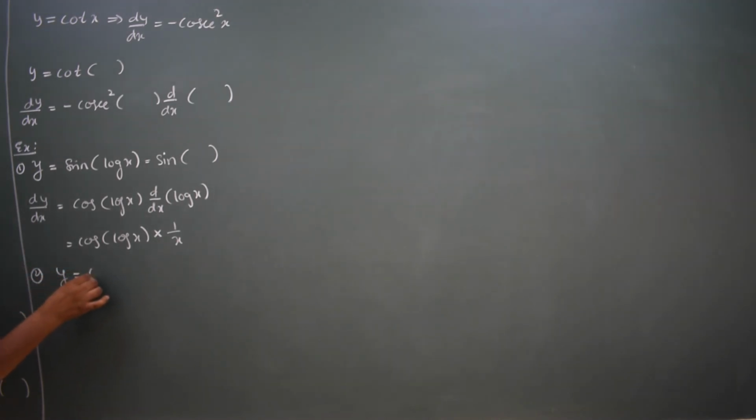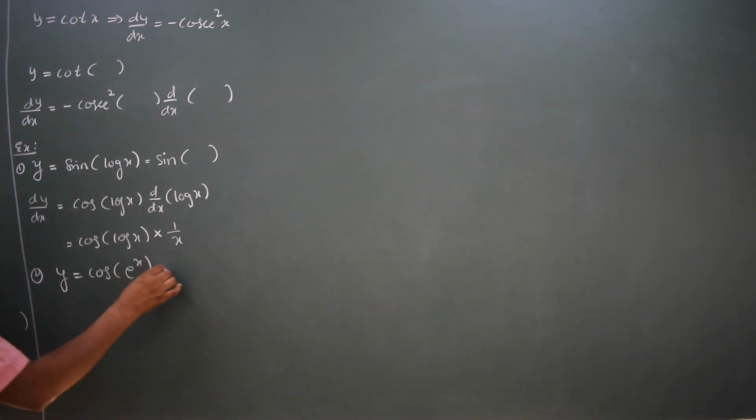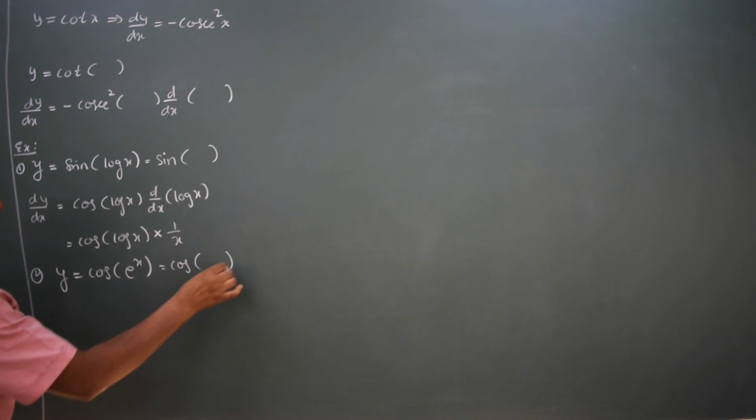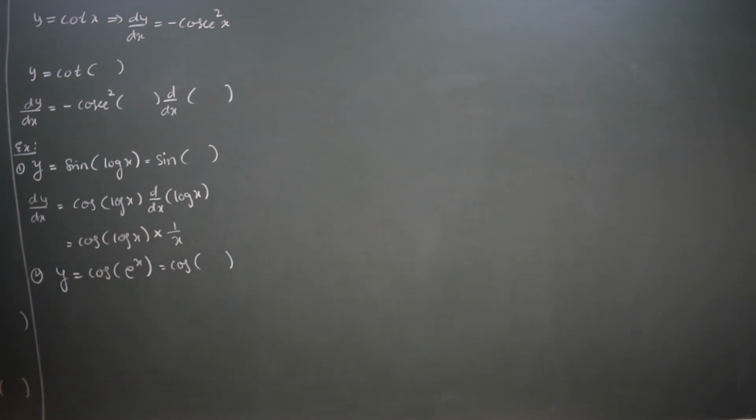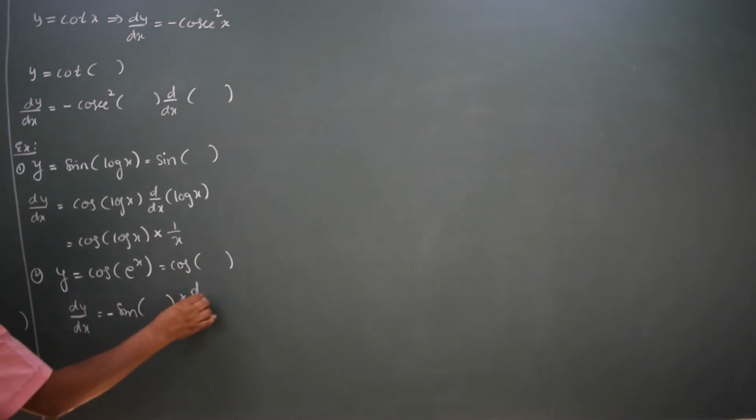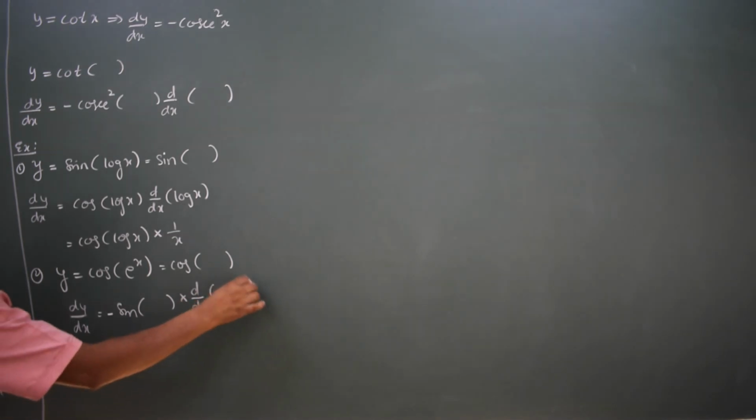So y is equal to cos of say e raised to x. How to read this one? Cos of e raised to x is one function. That function we will call something. What is dy by dx? The formula: cos of something differentiation is minus sine of something into differentiation of something.